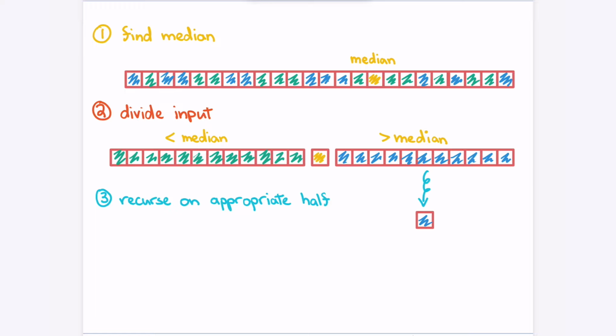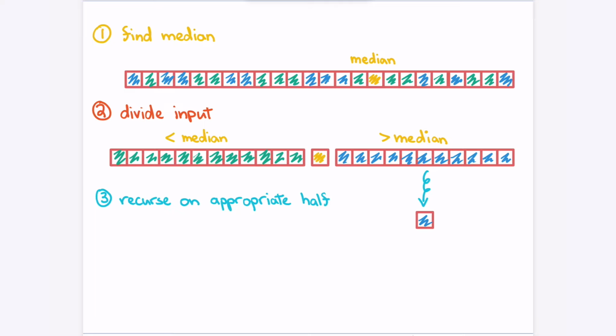Now, I want to be a little bit careful. When we recurse, the two inputs are A and k. If I go on the left, that will be A in red, in green. If I go to the right, blue will be A. But what about the k parameter? If I go on the left, k is less than n over 2. Should I keep the same value of k? Yes. If I want the 10th smallest, and 10 is still on the left side, I still want the 10th smallest.